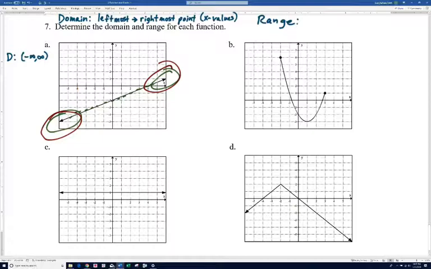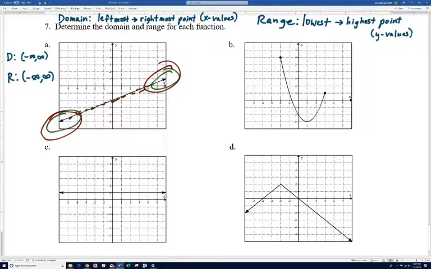Really, it's the y value of the points on our graph. So we want to go from the lowest point to the highest point, and we're looking at y values. So there is no lowest or highest point, and again, our points hit everything in between, and so our range is going to be all real numbers. Go ahead and look at B and think about what the domain and range is, and see if you can figure it out, and then watch the video.